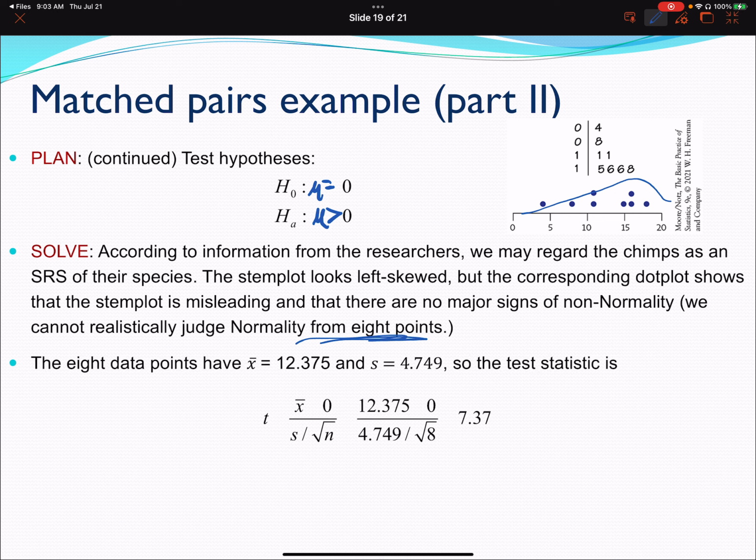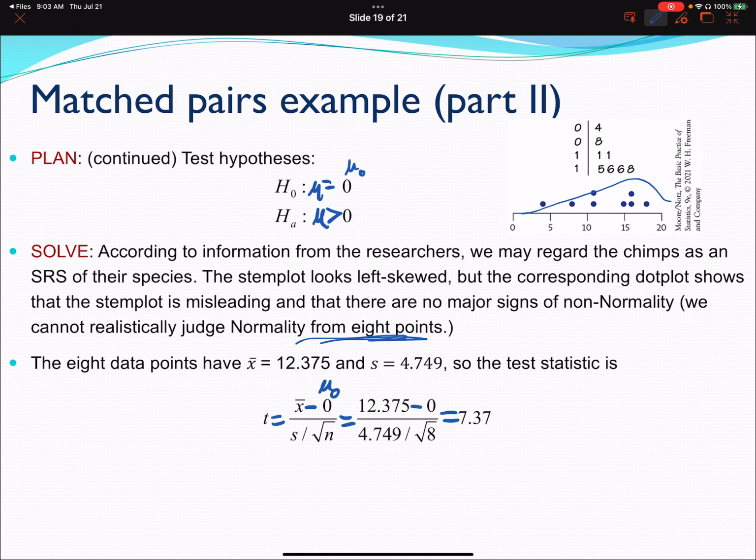The 8 data points have a mean of 12.375 and a sample standard deviation of 4.749. Our test statistic t is x bar minus mu naught over the sample standard deviation over the square root of n. So I get 12.37 minus 0 over 4.749 over the square root of n, which equals 7.37.